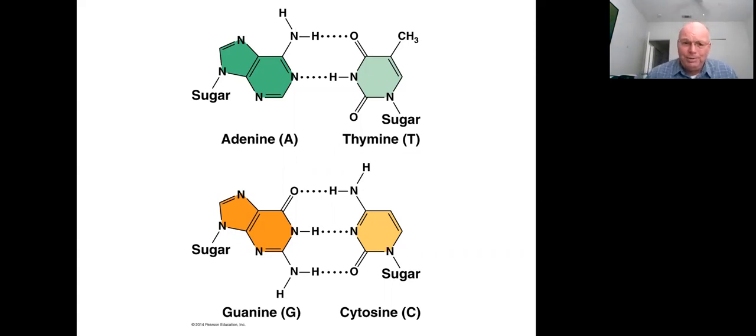In the second paper that they wrote with Wilkins, they expanded on that and used the term semi-conservative replication to identify the process by which they believe the DNA molecule would be replicated. Now, in the next section of this presentation, we're going to talk about what that means.